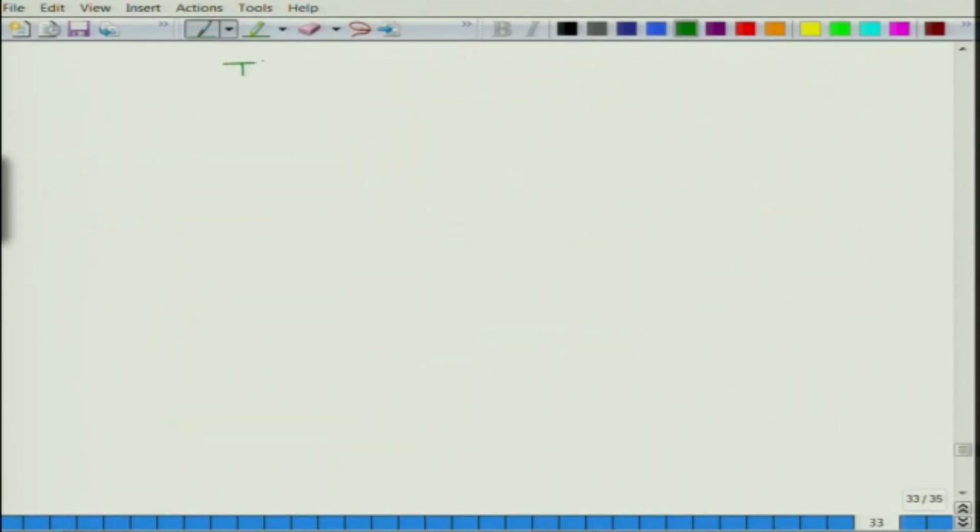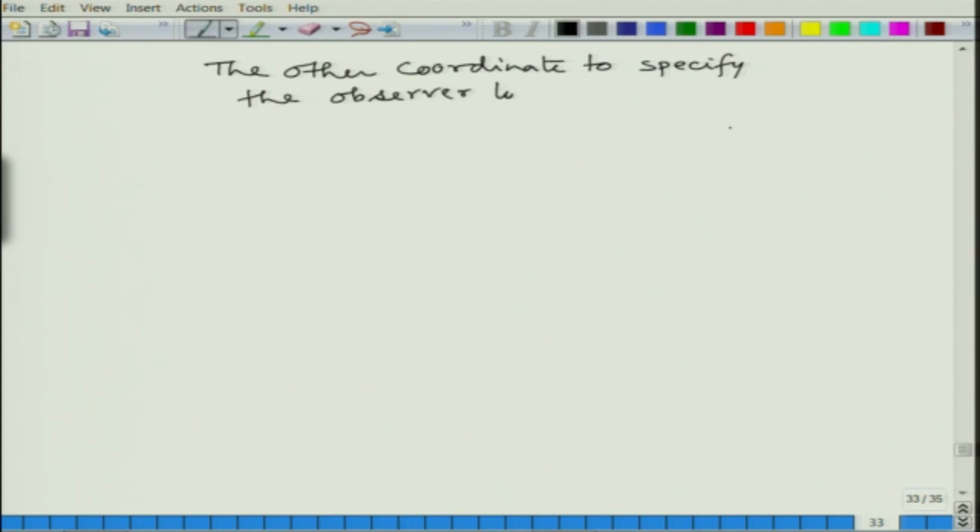Now, the other coordinate to specify the observer location is, we just talked about it, that is the longitude, right.